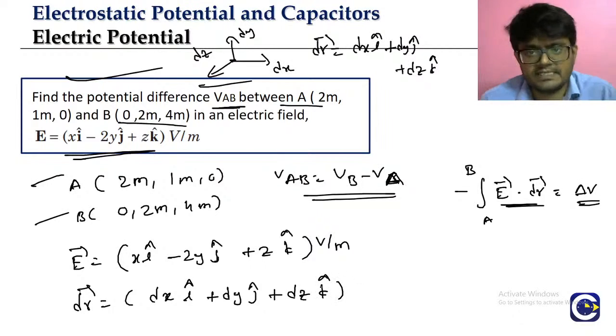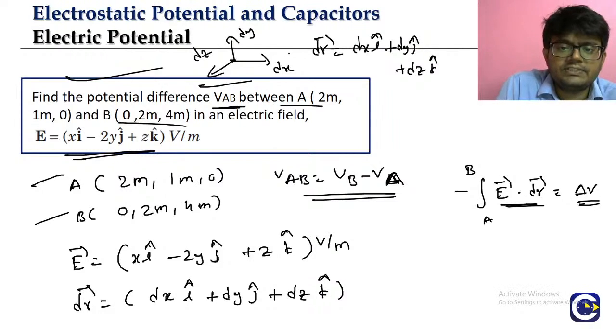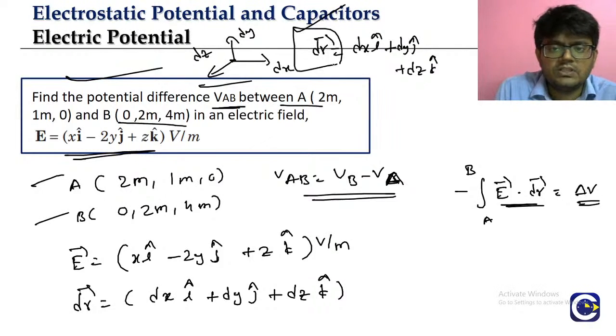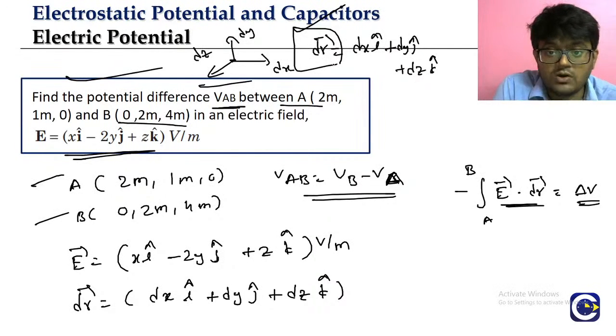It's a standard representation whenever we want to represent a small change in position: small change in x into i cap, plus small change in y into j cap, plus small change in z into k cap.